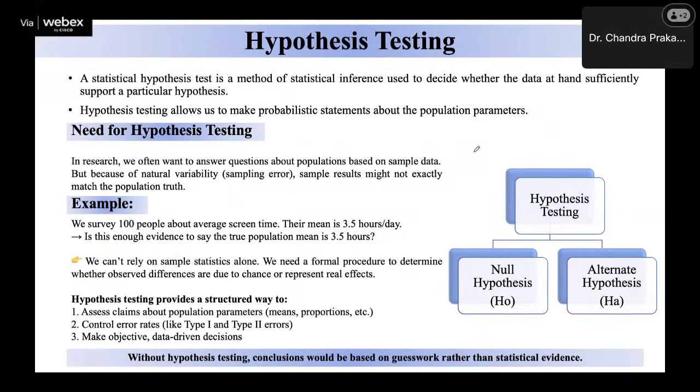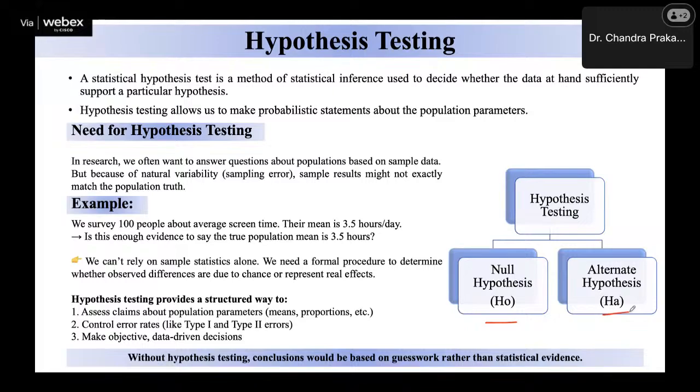A hypothesis test is a method of statistical inference used to decide whether the data at hand sufficiently support a particular hypothesis, as I was telling you. In hypothesis testing, we have two types of hypotheses: the null hypothesis and the alternate hypothesis.